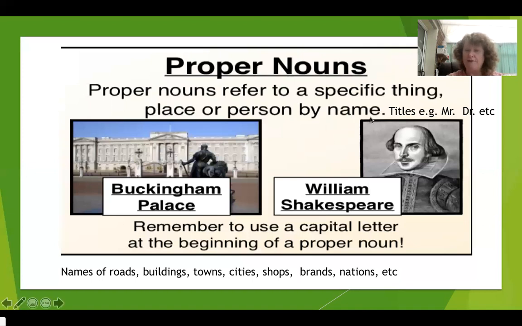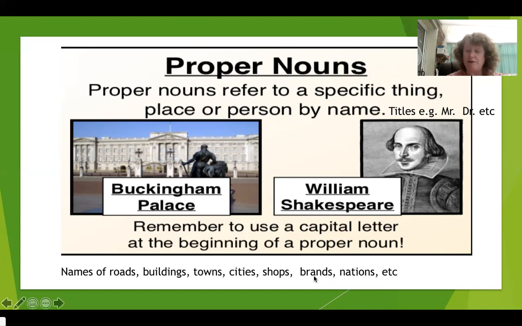So anything that has a title in it as well, like Doctor, Mr., Mrs., etc., they will be proper nouns, names of places, names of roads, buildings like this one, Buckingham Palace, towns, where you live, cities, shops, like Tesco's, brands, any kind of brand, is a proper noun.